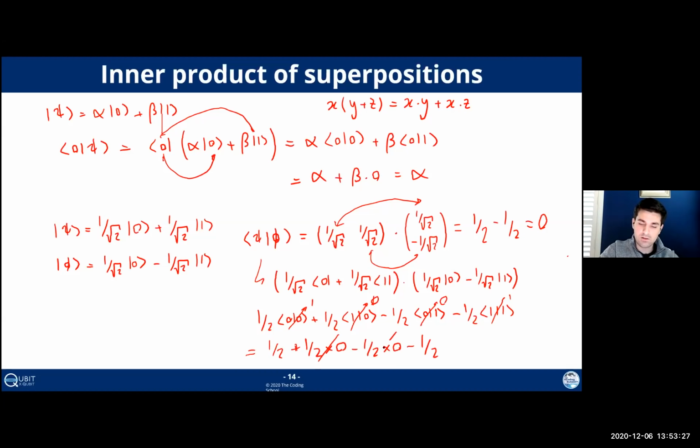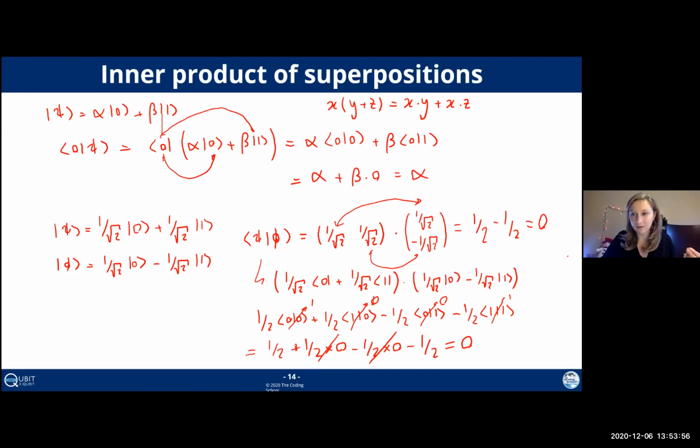So of course, these are 0, and then I have 1/2 minus 1/2, which gives me 0. So again, these are two different approaches. You can either choose the bracket notation or the vector matrix multiplication, and they will lead to the same result.